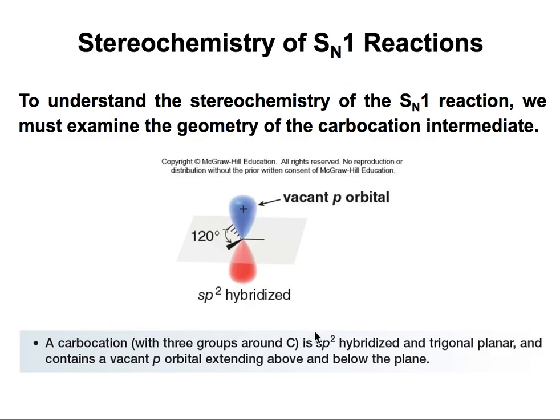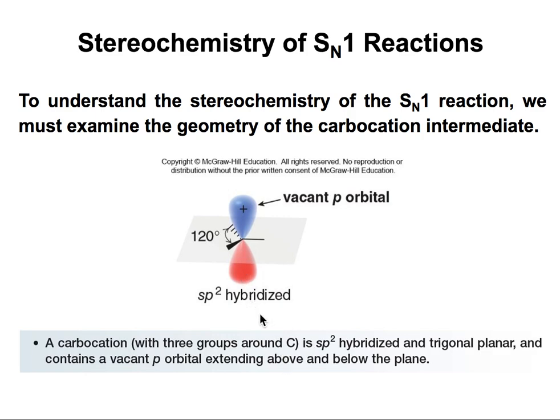And there are different ways of determining if one reaction is going to go through an SN1 or an SN2, but maybe the most obvious one is when we look at the configuration of the center where the reaction happens. Okay, let me explain that.